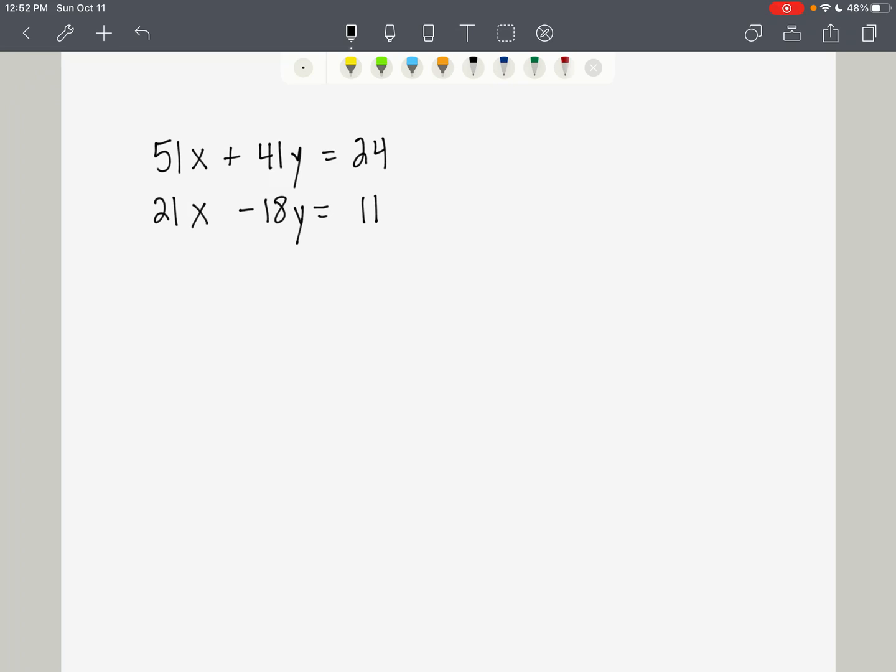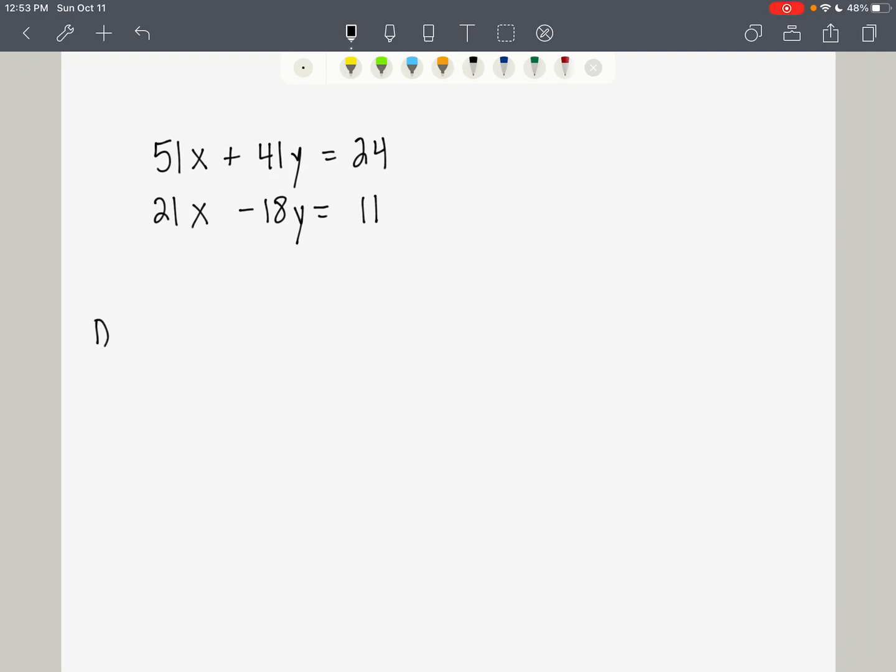So no calculator, and I want the answers as fractions. I'm completely okay with the answers being fractions, and they don't even need to be in their simplest form. I just want the fractional answer. So if you want to try this, you're more than welcome to go ahead and try this.